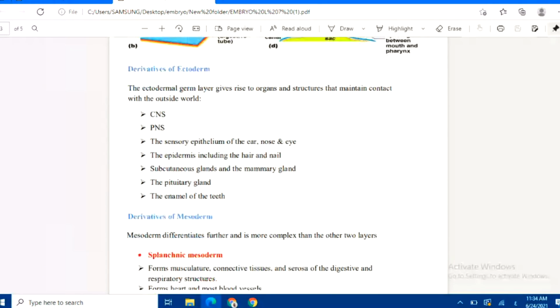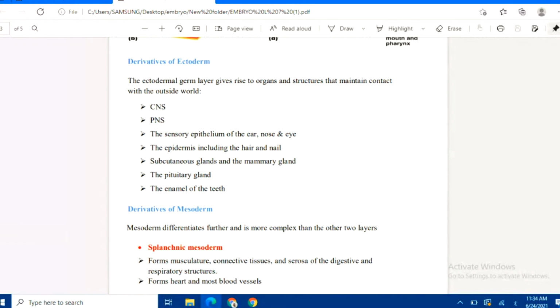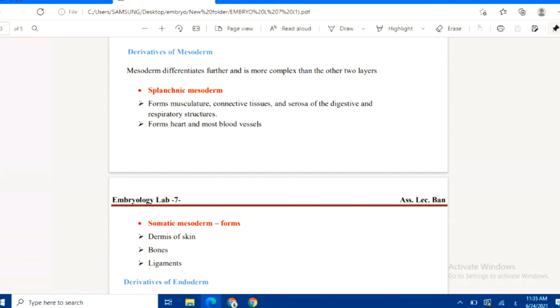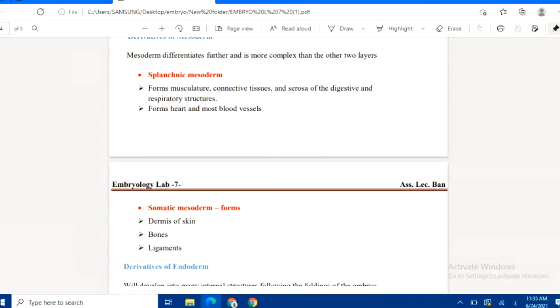Okay. In this period, we need to know each layer will form specific tissues and structures, like ectoderm will form CNS, PNS, all the structures that help in maintaining good contact with the outside, they are formed by ectoderm, while the mesoderm will form two differentiations, which are paraxial mesoderm, somatic mesoderm, and each of them has their own function in the formation of different structures found in this part, okay?